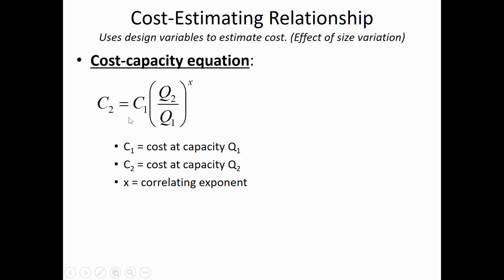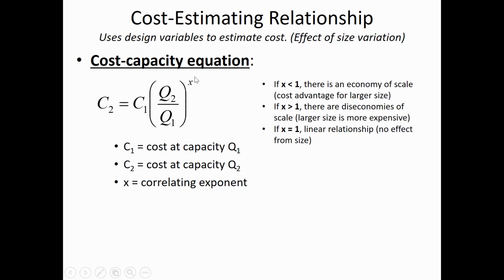If we wanted to find out that cost, there's a correlating exponent that we have to look up from a table, or it may be given in the data, that tells you whether prices are linear with respect to size, or if there's an economy of scale. So if x is less than 1, that means there's a cost advantage on a per unit basis for larger sizes. And so the more you buy, the less it's costing per unit if x is less than 1.